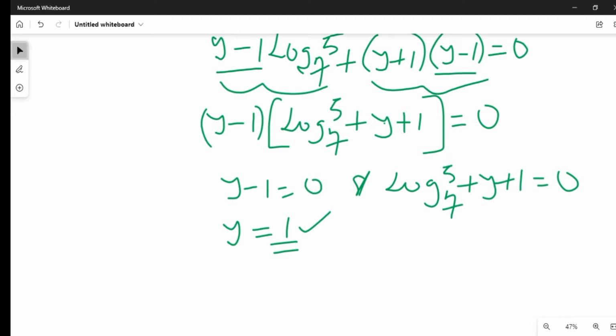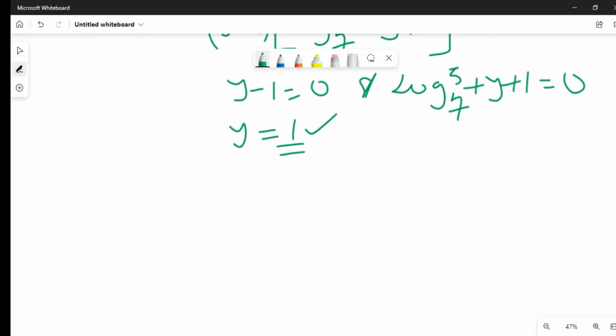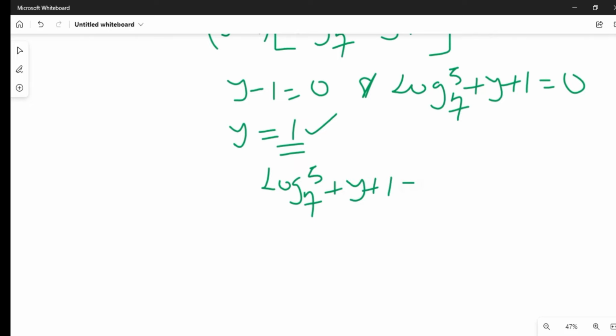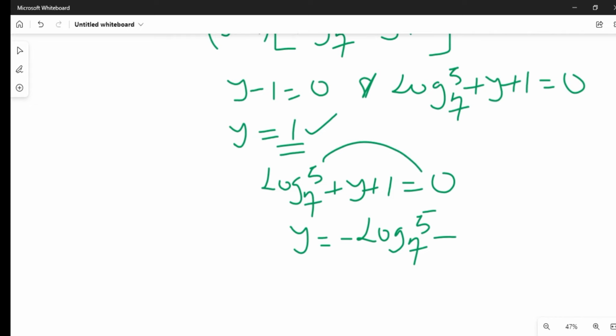To get the second value for y, we simplify the second factor, log of 5 base 7 plus y plus 1 equal to 0. Now y is equal to minus log of 5 base 7, and moving 1 across the equal sign gives minus 1.